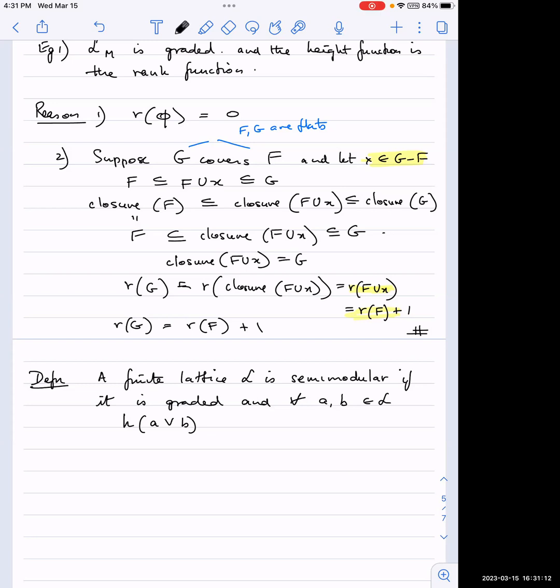See, usually when you have a set, size of A union B is equal to size of A plus size of B minus size of A intersection B, right? And semi-modular is just less than or equal to.